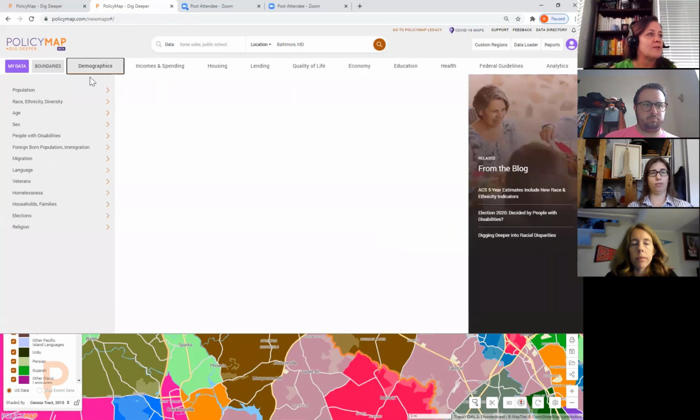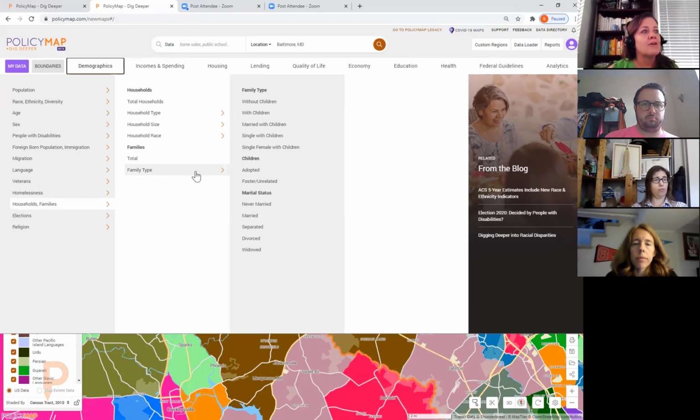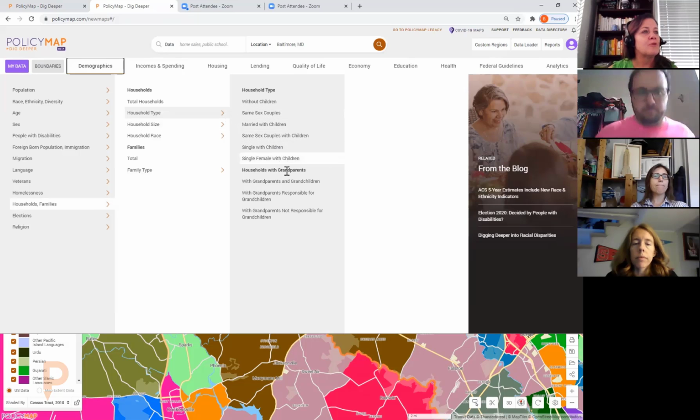There's also data here on family types. So you'll note that if we go into households and families, you can see where there are a large number of people who are single with children, or if we go into household types, where there are a large number of grandparents who are responsible for grandchildren.